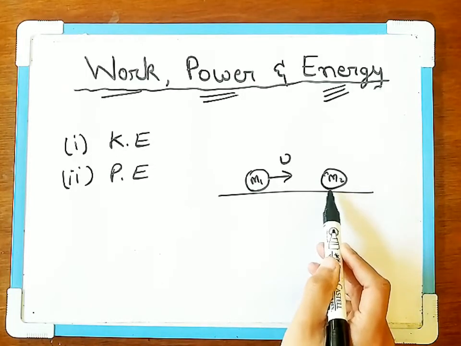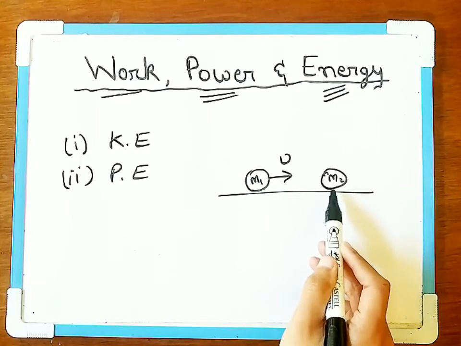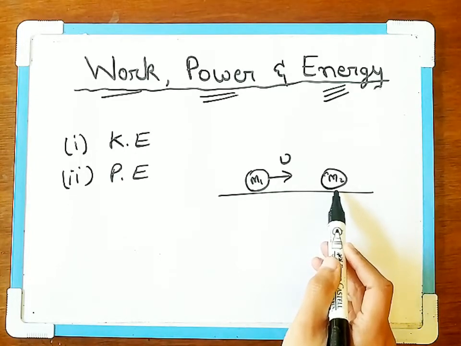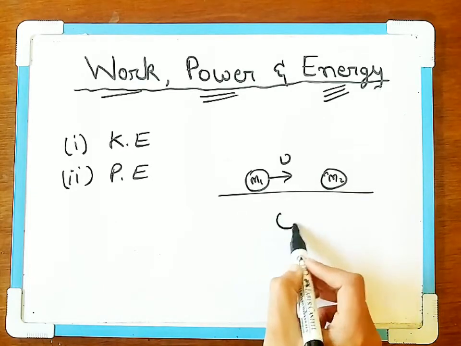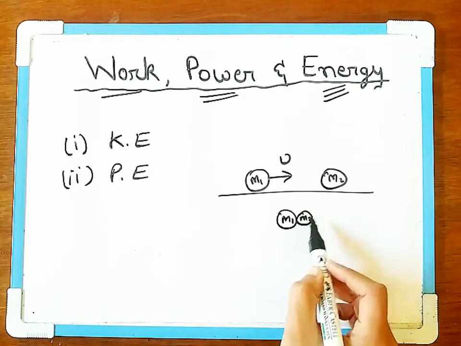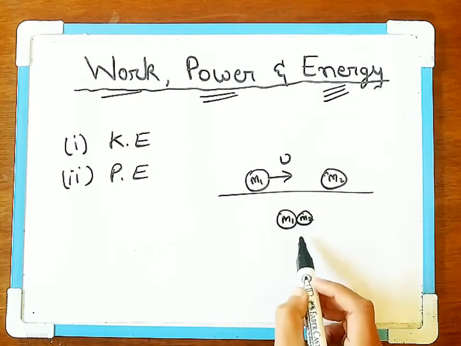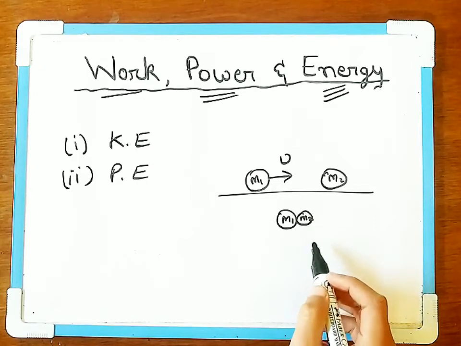Remember, this is at rest, so when m1 is in motion, it will collide with this ball of mass m2. Upon collision, M2 will be displaced by some amount.